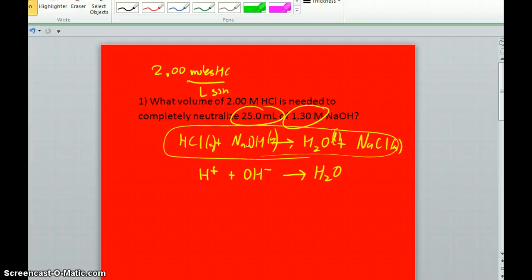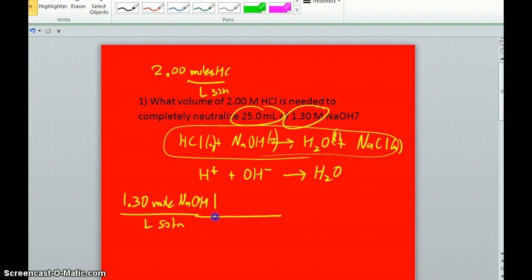And since we're doing stoichiometry, we like to work with moles. So, of course, the first thing I'd say is, well, if I have a volume and a molarity, I essentially have moles of the sodium hydroxide. 1.30 moles sodium hydroxide exist in every liter of that solution.